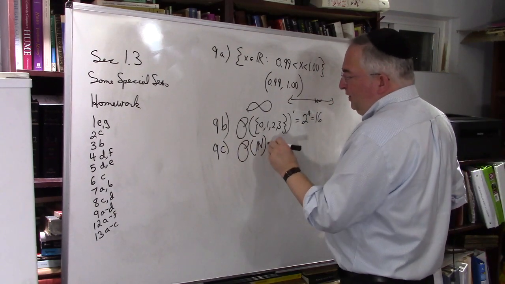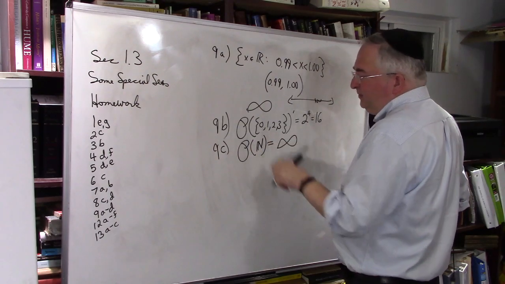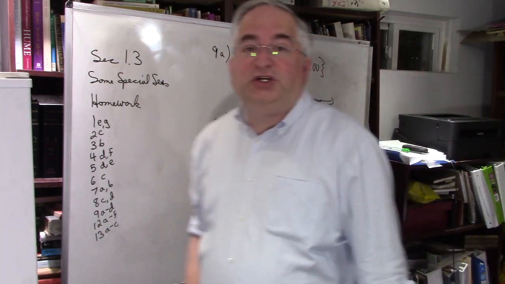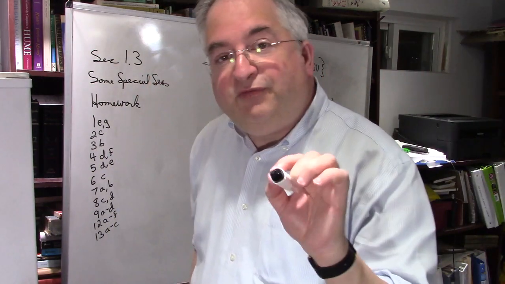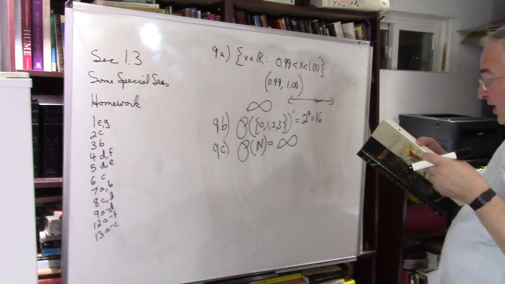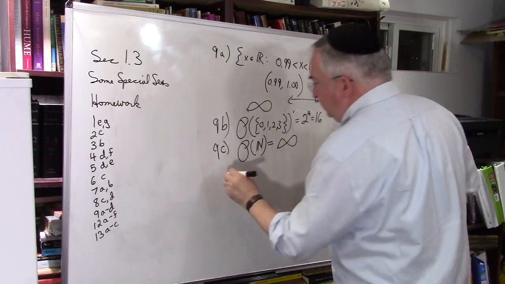9c. The power set of N. Well, it's going to turn out all these subsets, all possible subsets of natural numbers, is infinity. We're going to see this later on in section 13.3. We're going to talk about different levels of infinity. So this has a very high level of infinity. But we don't need that. Okay, let's do 9d.